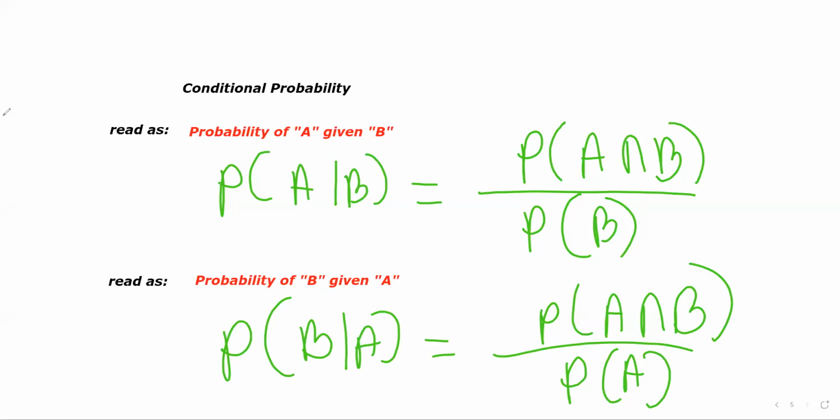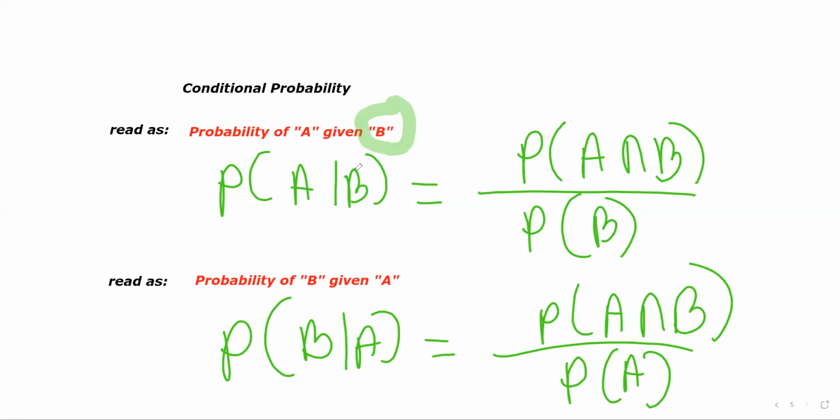In case of conditional probability, you'll see that I have written down how it is read: probability of A given B. The given part literally means something has occurred already, an event which has already taken place.